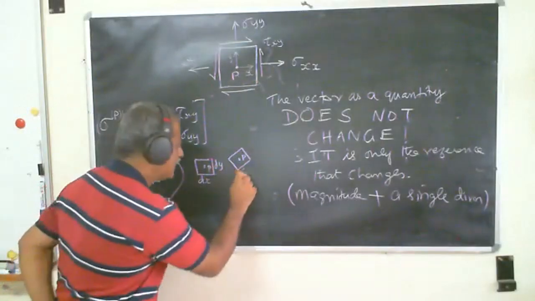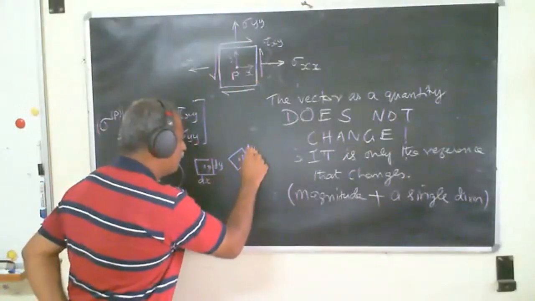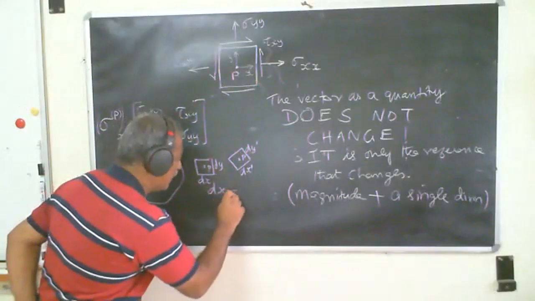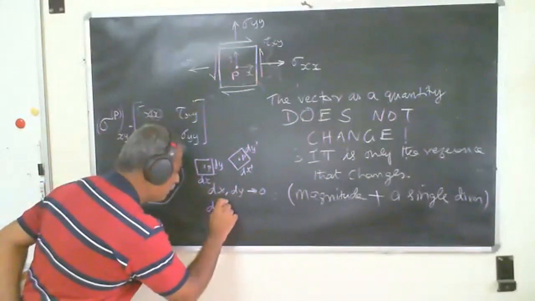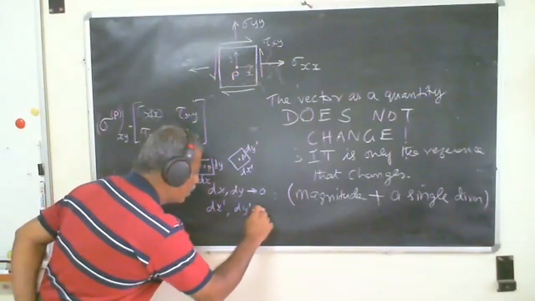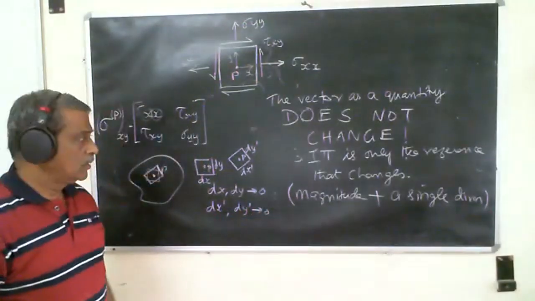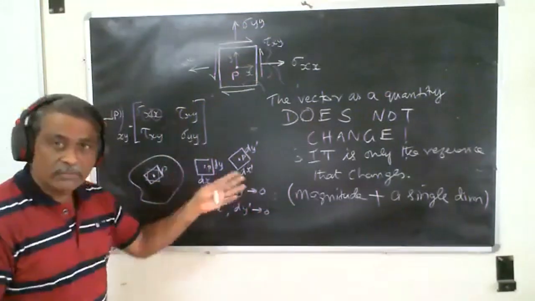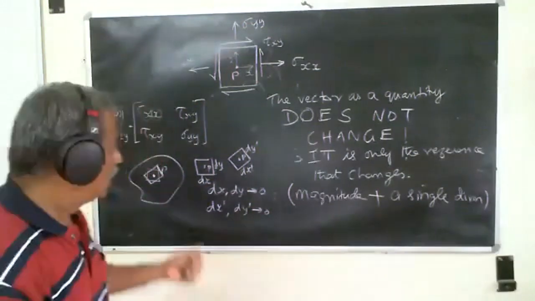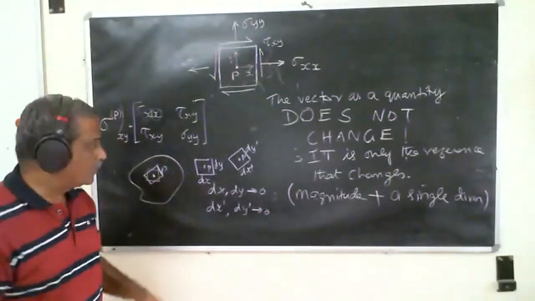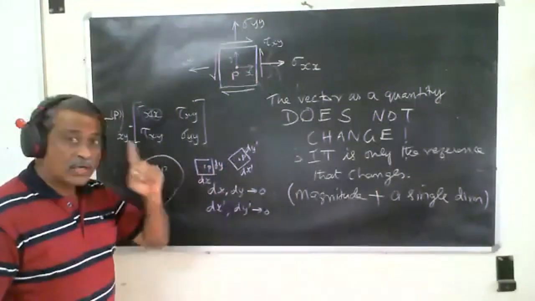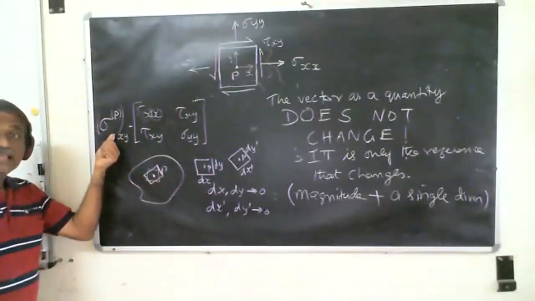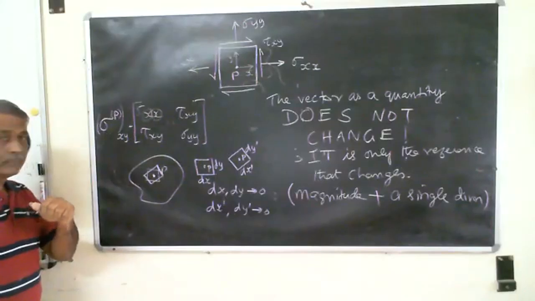I will let this dx prime and dy prime be the same. dx and dy tend to 0. I will also say dx prime and dy prime also go to 0. What's wrong? Both of them will give me the same P at the end, correct? Which means that I can take this or this. What is unchanged is this description of stress.